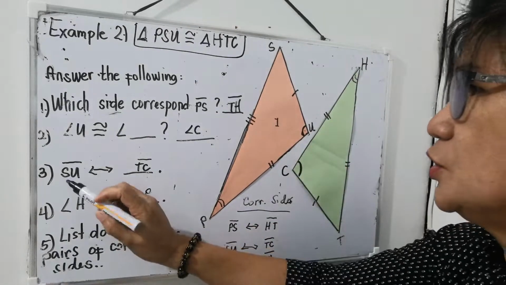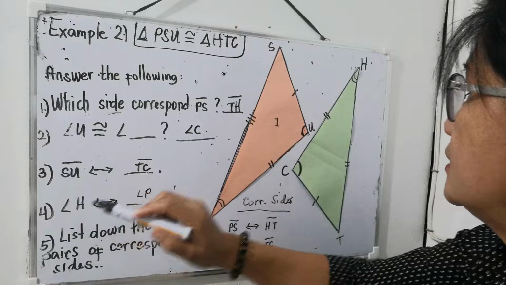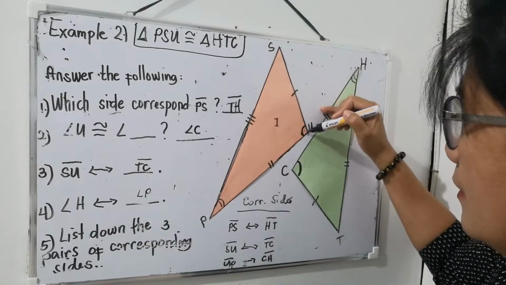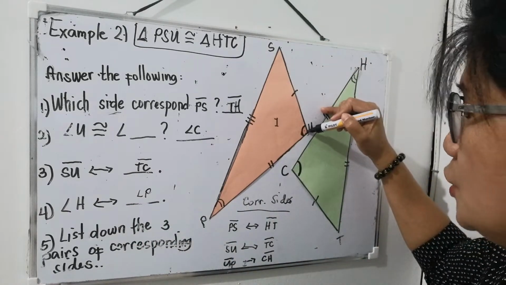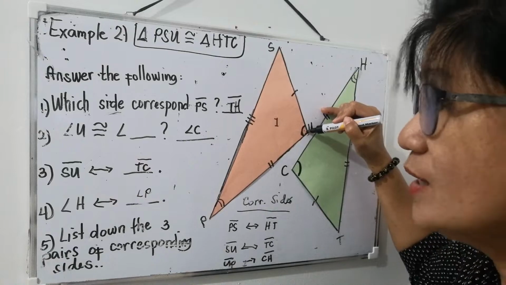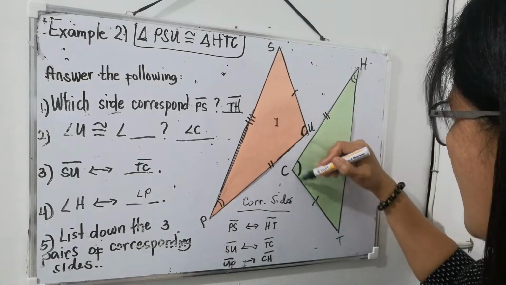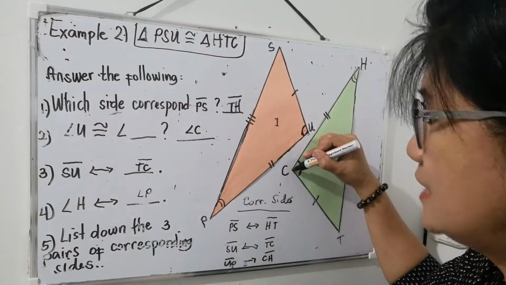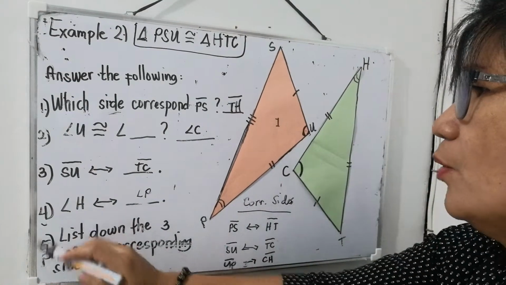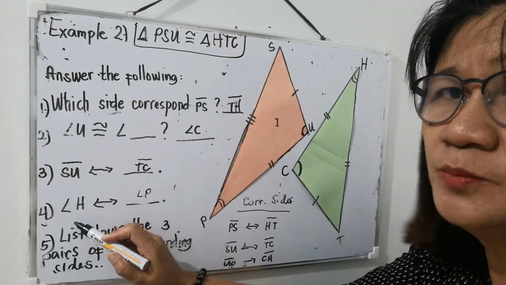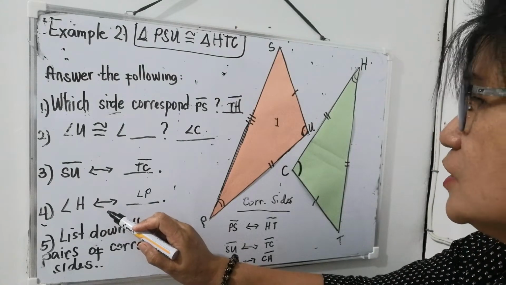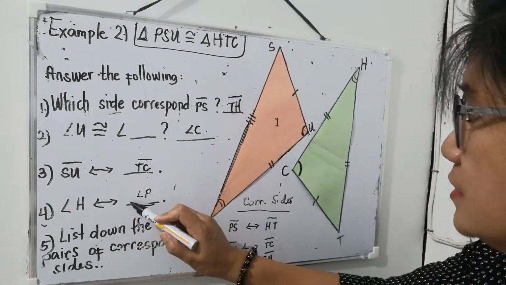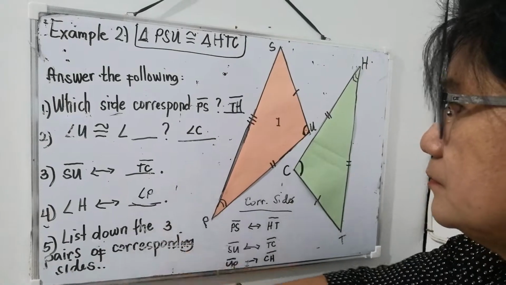Then, next question. Side SU, so this one, or line segment SU, corresponds to what side? We have line segment TC. Okay, next, number 4, angle H corresponds to what angle?